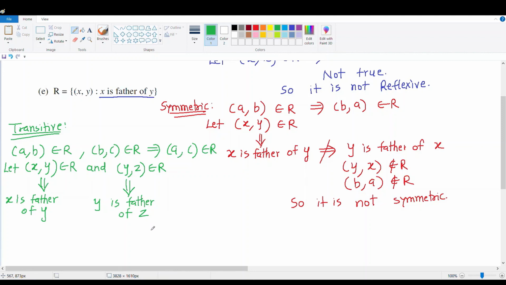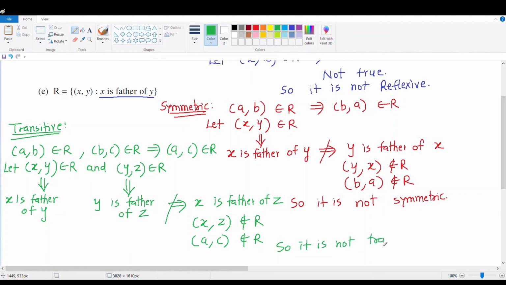But does this mean that X is father of Z? No, it does not, because X is grandfather of Z, right? So (X, Z) does not belong to R, and that means (A, C) does not belong to R. So it is not transitive.